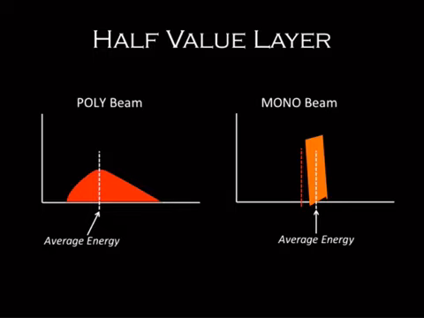But if you were going to compare the average energies of a polyenergetic beam and a monoenergetic beam, assuming that they have the same kVp, so we'll assume that this line here is the same as this line here, the monoenergetic beam has a higher average and therefore a higher half value layer, because it doesn't have all those worthless wimpy ones at the bottom, right? So there's that. So that concludes this lecture. The next one is going to be a lecture on X-ray interaction with matter.